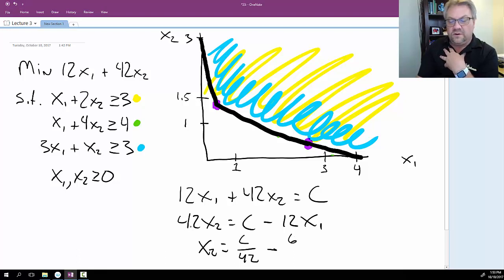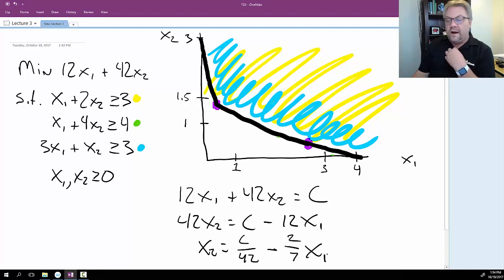2 goes into here 21. 3 goes into here 2 times. Oh, geez, that was stupid. 3 goes in there 2 times, and 3 goes into here 7 times. So there you go.